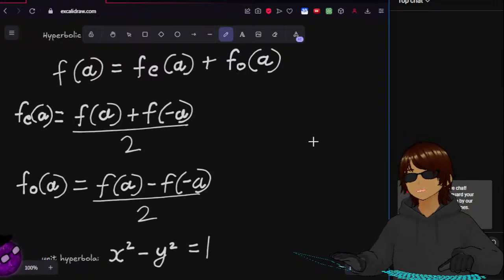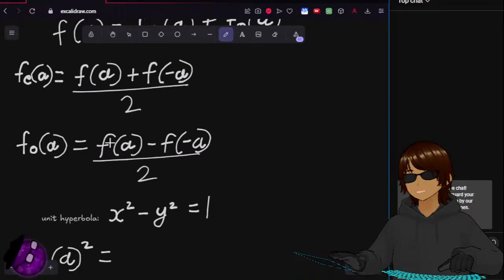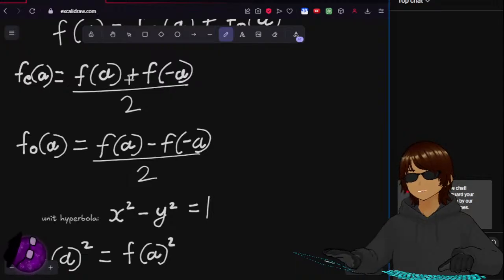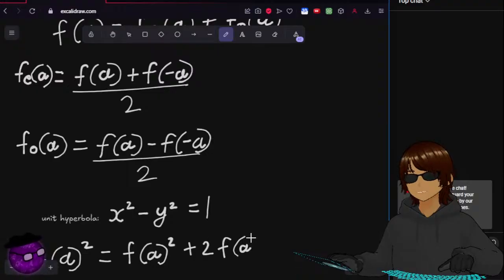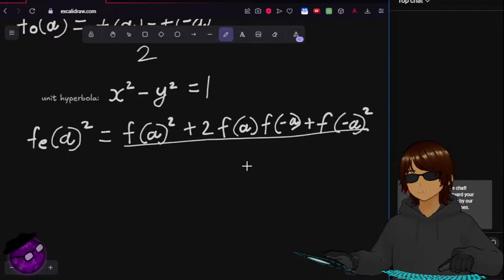Now if I square the even and odd parts, this would give me f of a squared, so this multiplied by itself, plus 2 f of a f of minus a, plus f of minus a squared, all this over 4.